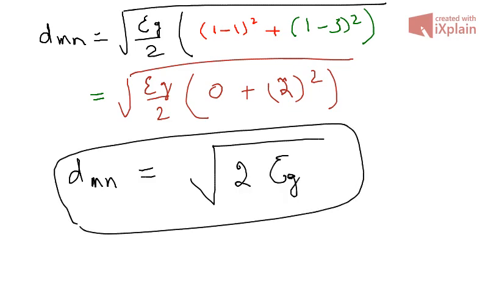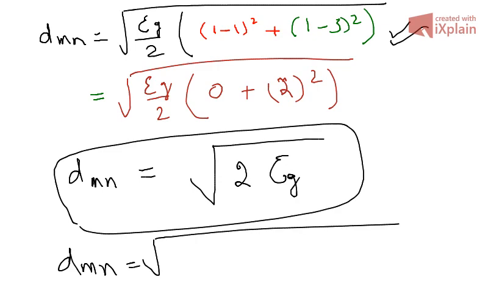This is just a simplified expression, the same as the expression which we derived in our previous video. This is actually now the minimum Euclidean distance because we are taking the adjacent signal points. You can always take other points, and that distance will be greater than this value, right? This is the minimum Euclidean distance.